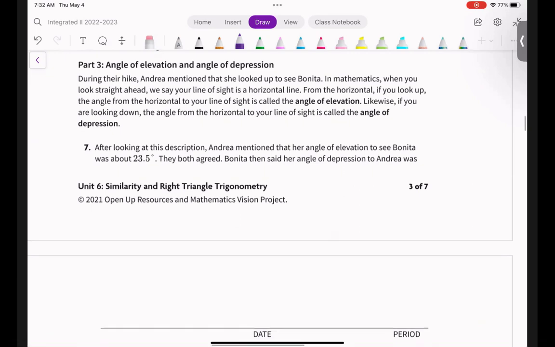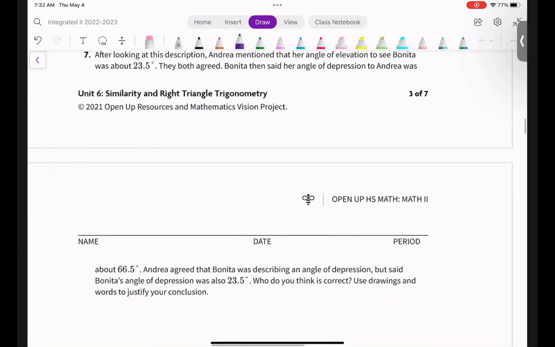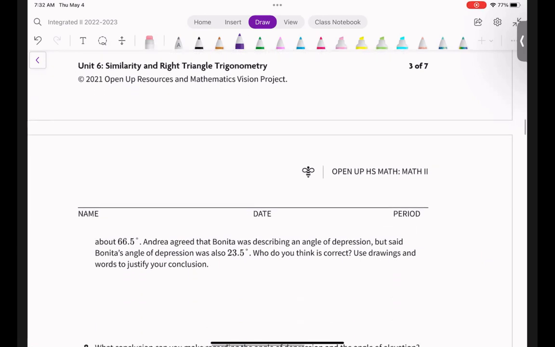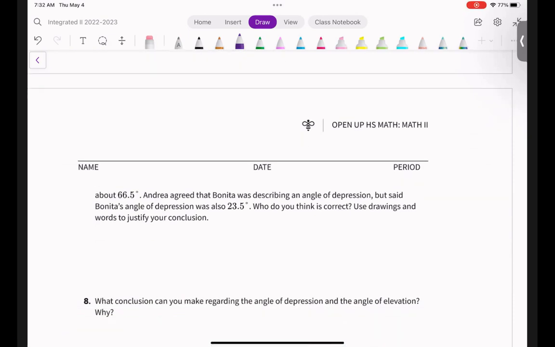Okay. After looking at this description, Andrea mentioned that her angle of elevation to see Bonita was 23.5 degrees. They both agreed. Bonita then said that her angle of depression to Andrea was about 66.5 degrees. Andrea agreed that Bonita was describing an angle of depression, but said that Bonita's angle of depression was also 23.5 degrees. Who do you think is correct?